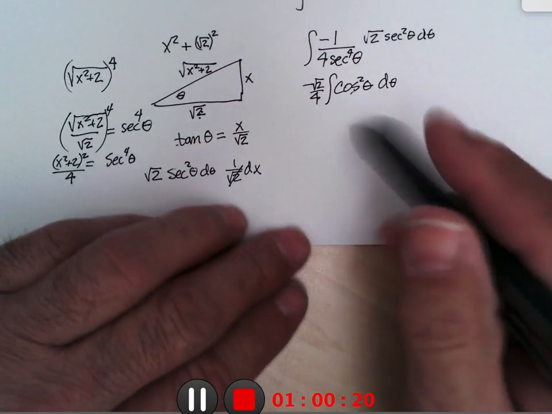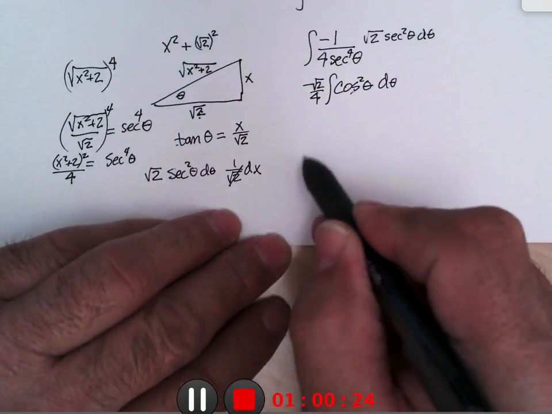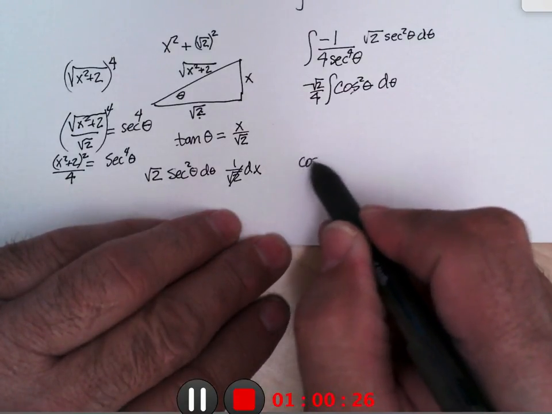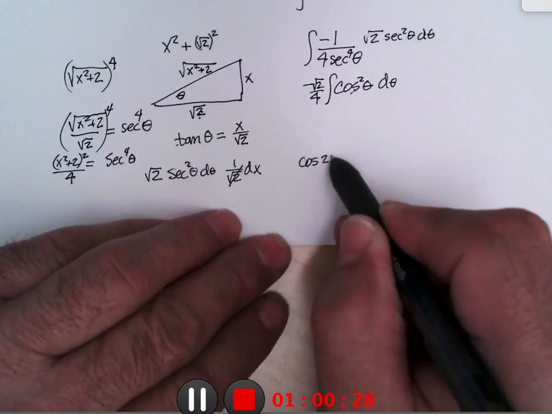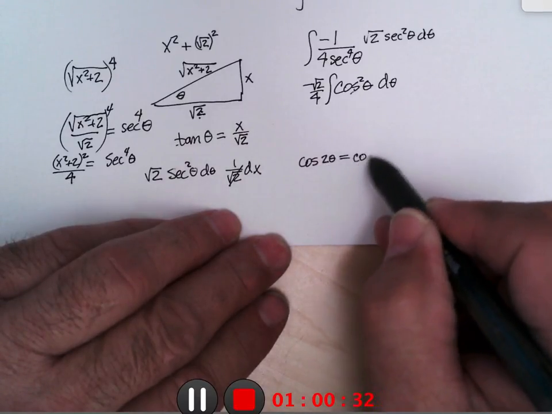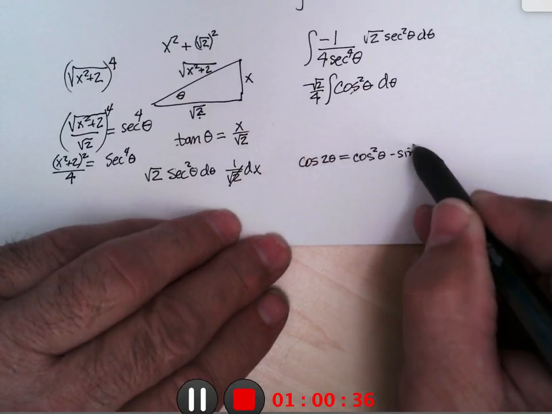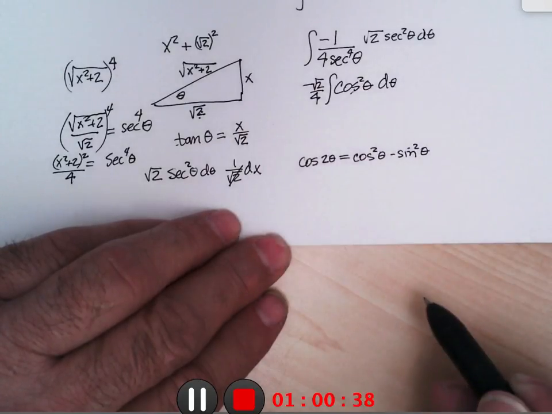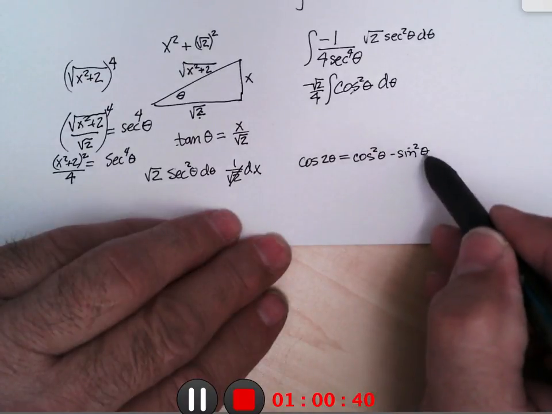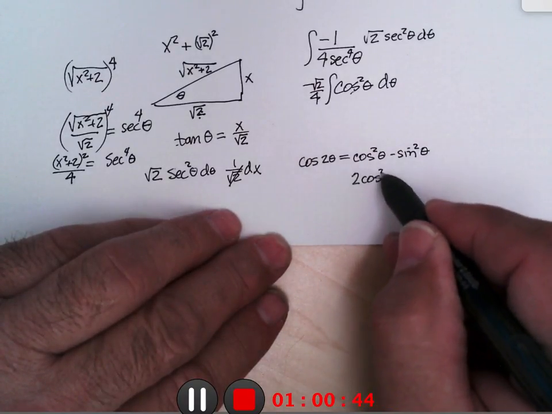One you might remember was the cosine of 2 theta is cosine squared theta minus sine squared theta. And if you make the sine squared 1 minus cosine squared, you get 2 cosine squared theta minus 1.